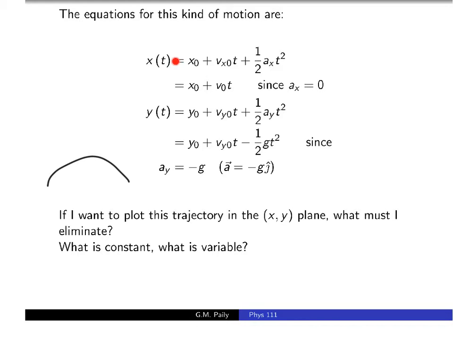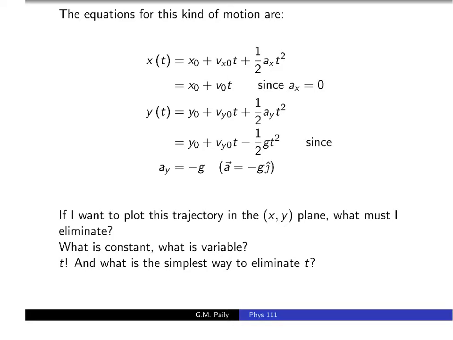If I examine the expressions, I see that the only variable is t. So we need to eliminate t. I could eliminate t using this or using this, but obviously it's much easier to get an expression for t using this simple linear expression.